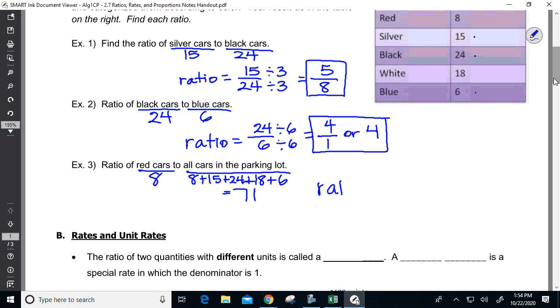So your ratio is 8 over 71, and that doesn't reduce. That doesn't reduce. So, that's practice with setting up ratios. Any questions before we continue?